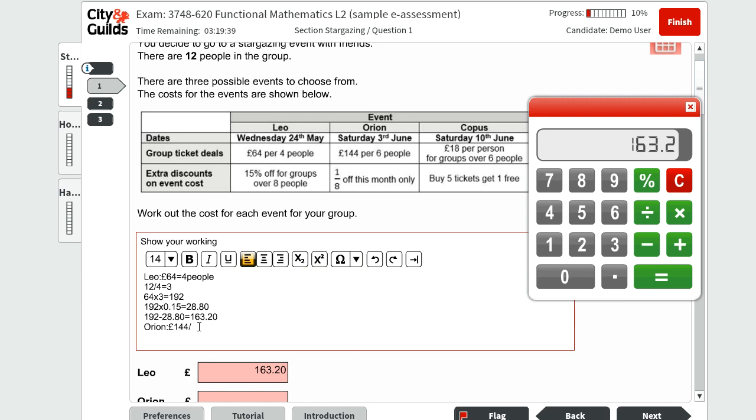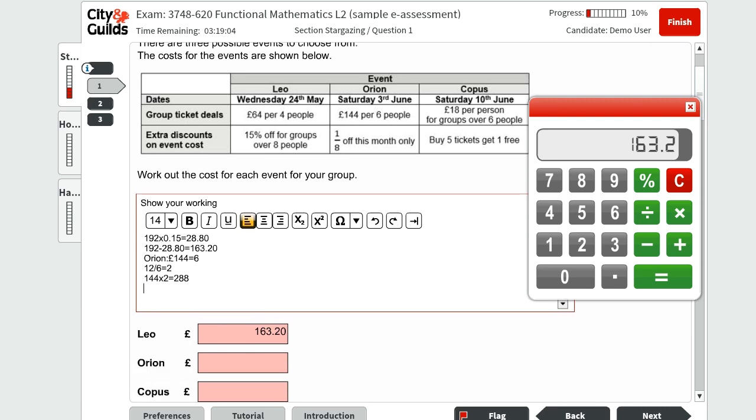Using the keyboard may allow you to complete it faster rather than picking the sign from the tools provided. 144 equals 6 people, and then if we move down we have 12 divided by 6 is 2. Again, we'll have 2 groups of 6 people, therefore we can do 144 times 2, and we have 288.